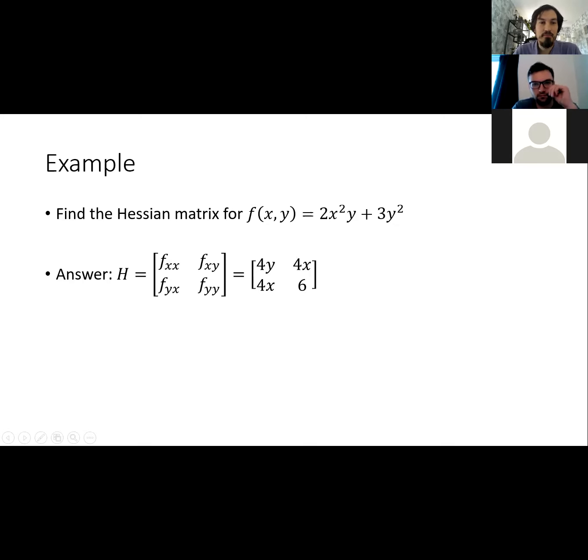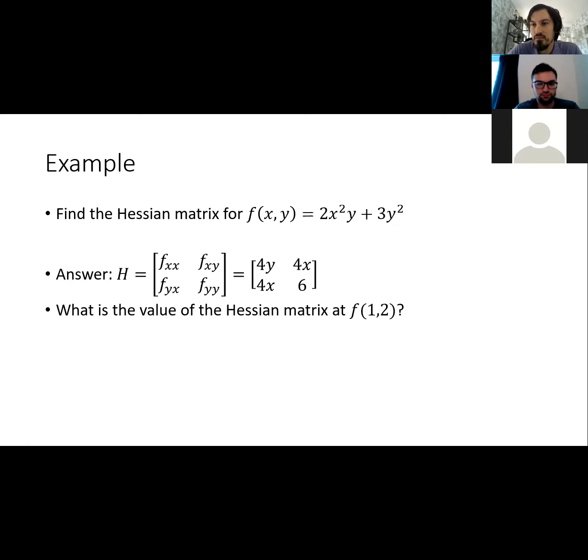Okay. Here's a question I don't think I got to last class. What's the value of the Hessian matrix at the point (1, 2), or f of (1, 2)? What do you think the answer to that is? How do we calculate a Hessian matrix at a point? Is it possible to do that? Sure it is. I think you guys know what to do here.